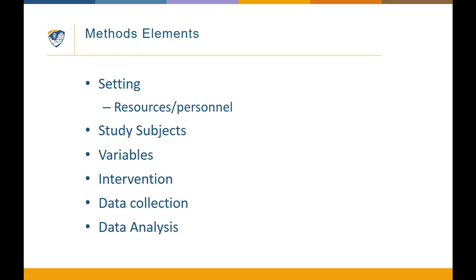The next thing you want to do is talk about your variables. If you've got an intervention, you're going to have an independent variable. If you're doing more of a qualitative or mixed methods study, you will not necessarily have an independent variable, but you will have dependent variables, outcome variables. You want to be able to identify those and, if appropriate at this point, also operationally define them as best you can.